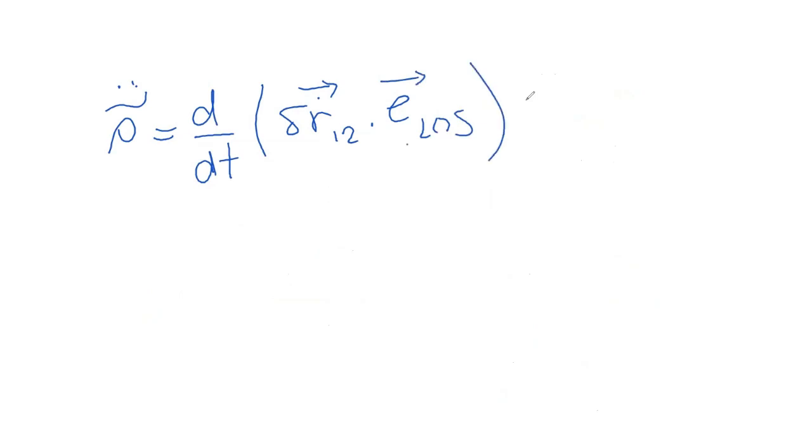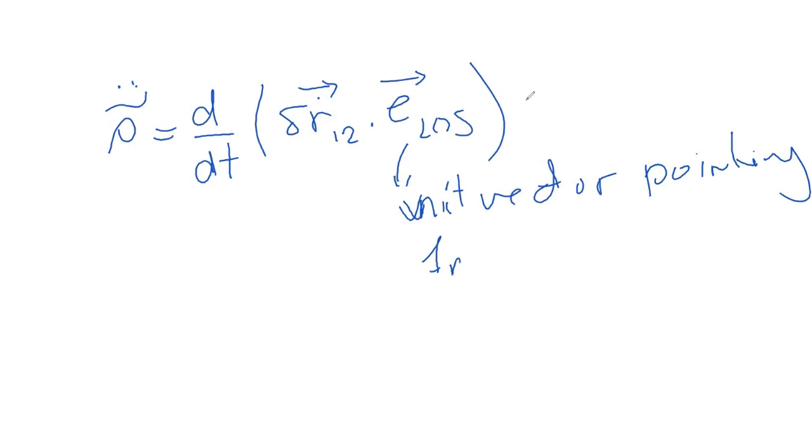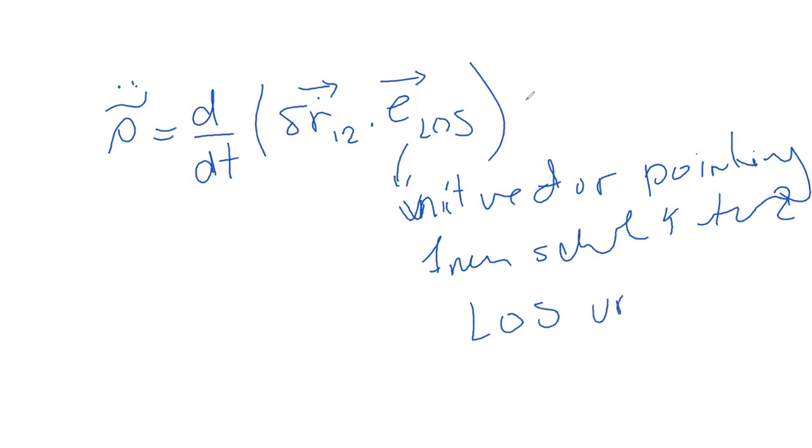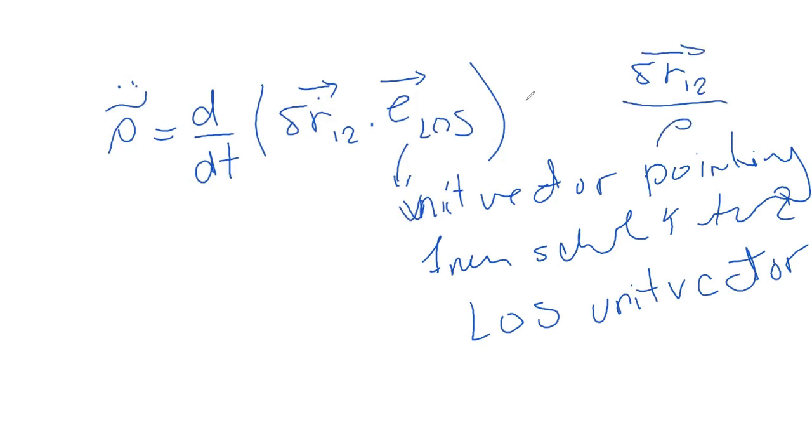It is called a unit vector pointing from satellite 1 to 2, or line of sight unit vector. If you remember, the equation was the difference between the satellites divided by the distance. So this is the unit vector, according to mathematics.